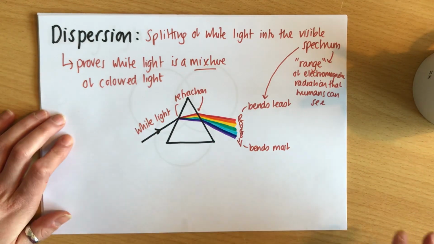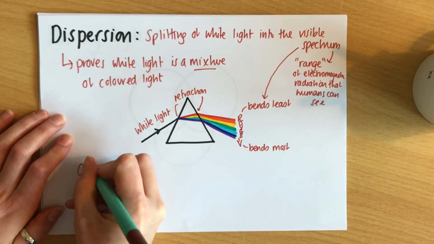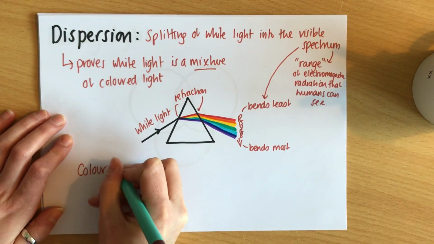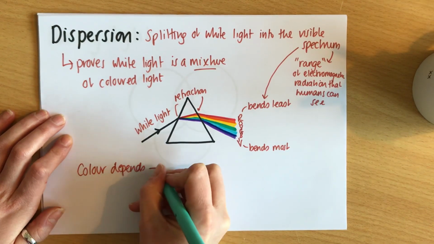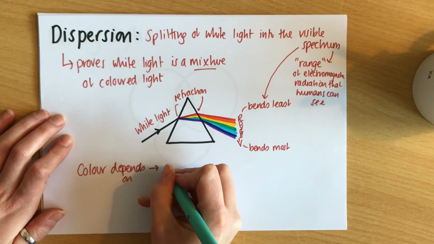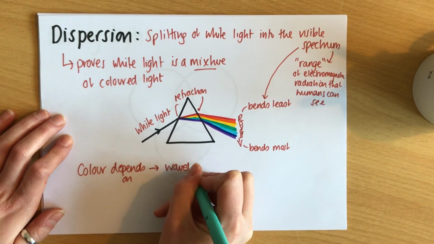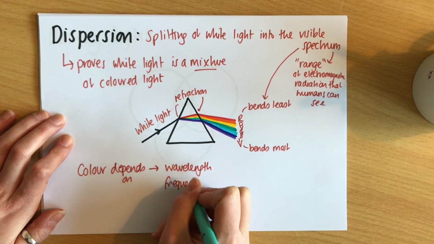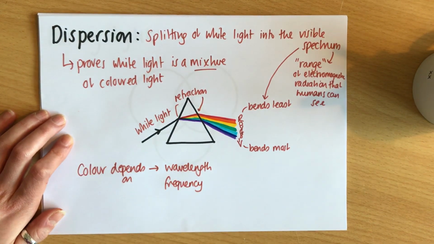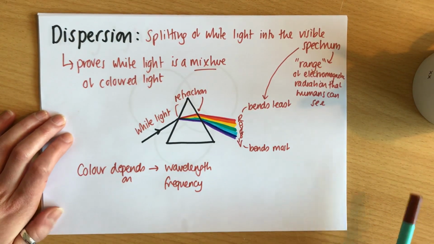Now, why do we have these different colours? Well, the colour of light depends on two things. It depends on the wavelength of the light and the frequency of the light. Because light is a wave, so it has a wavelength and it has a frequency.